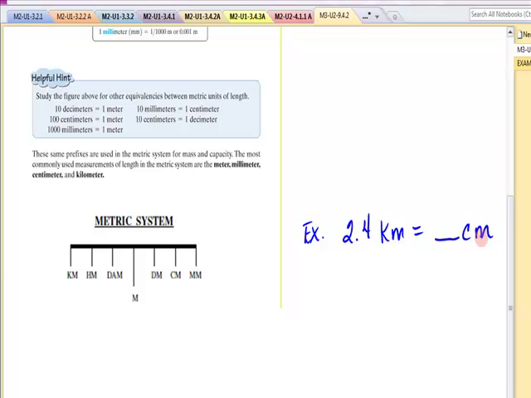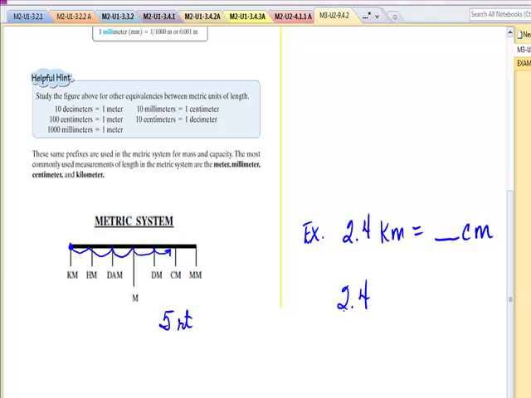Kilometer to a centimeter. Go to the chart. Kilometer, start there. See how many jumps it takes. 1, 2, 3, 4, 5. I had to go 5 places to the right. What's neat about the metric system is that I take this number 2.4 and I mimic this action with its decimal point.